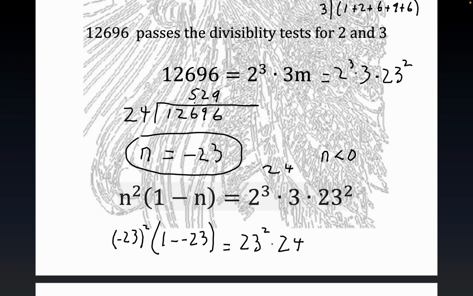But you did pay a computational price right here. I didn't show you the steps here, but 529 is correct. It's just a few steps to show that. Finding the prime factorization is the big computation here. This part right here is close to trivial: look at this factorization and know to try minus 23 in light of the fact that n has to be less than 0. So n equals negative 23 is the solution.